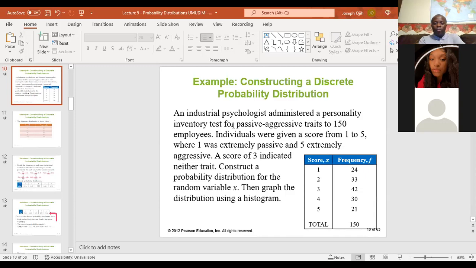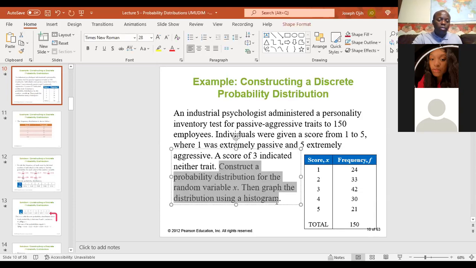Individuals were given a score of 1 to 5, where 1 means extremely passive and 5 means extremely aggressive, and a score of 3 indicated neither trait. The question says, construct a probability distribution for the random variable X, then graph the distribution.